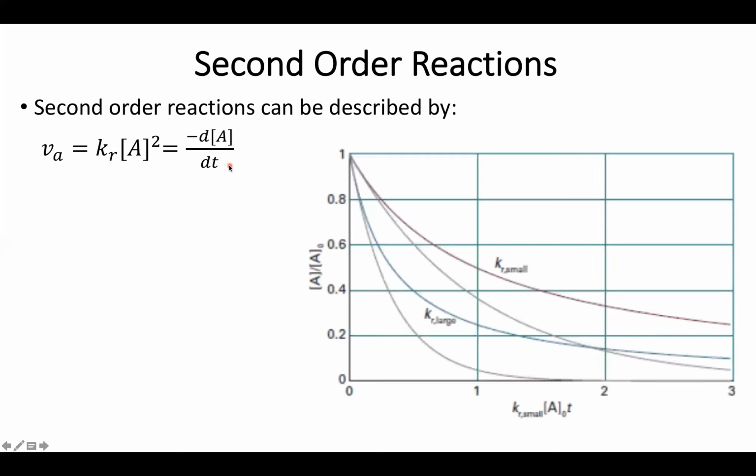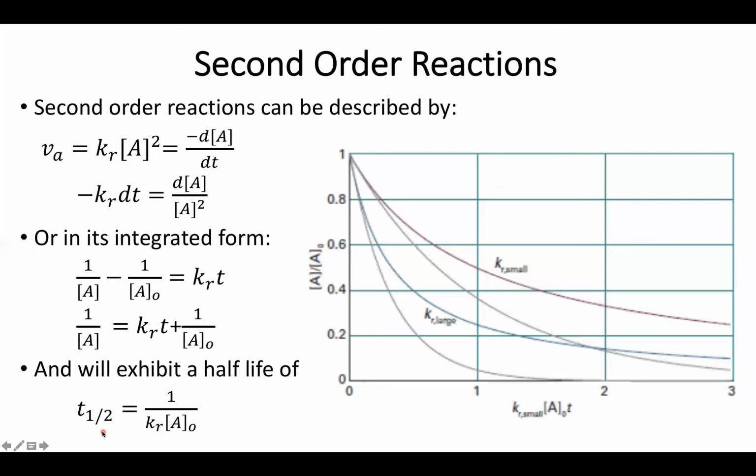So again, like zeroth order reactions, the half-life of a second order system is going to show a concentration dependence. Because again, as I pointed out, we tend to get very fast reactions and short half-lives at high concentrations, and very long half-lives as I go further and further out and have very low concentrations. So again, this is an important thing to keep in mind when you're dealing with a second order system.